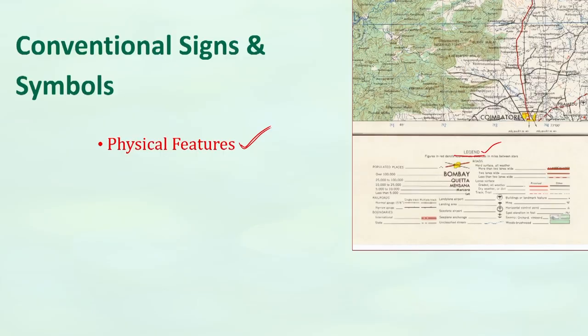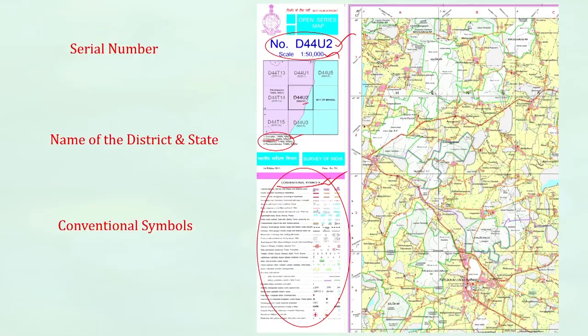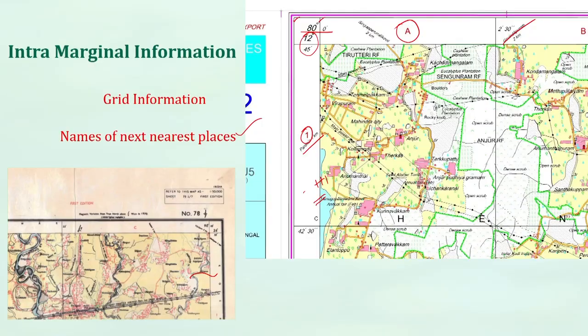Open series map will have the legend on the left hand side. You look at the screen, the legend is named as conventional symbol, it is present to the left of the inner marginal information. Okay. Now, let us discuss some conventional signs and symbols related to physical features.